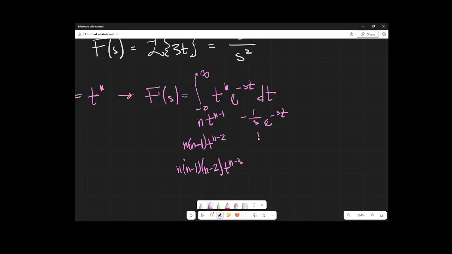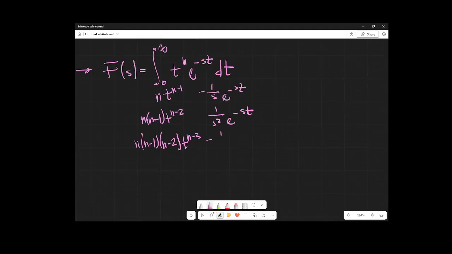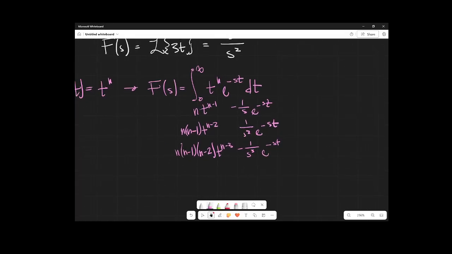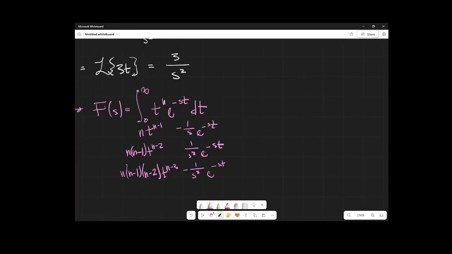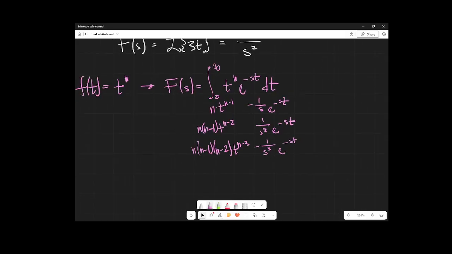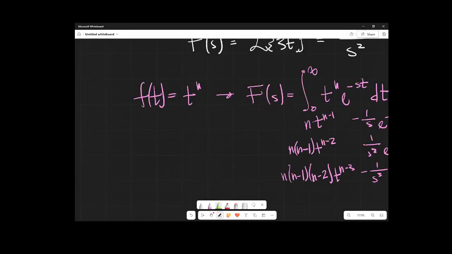And so I'm going to stop writing it and think, okay, what can I do here? Because I don't want to be stuck here writing this for eternity. I'm going to test a value. Let's let n equal 3.